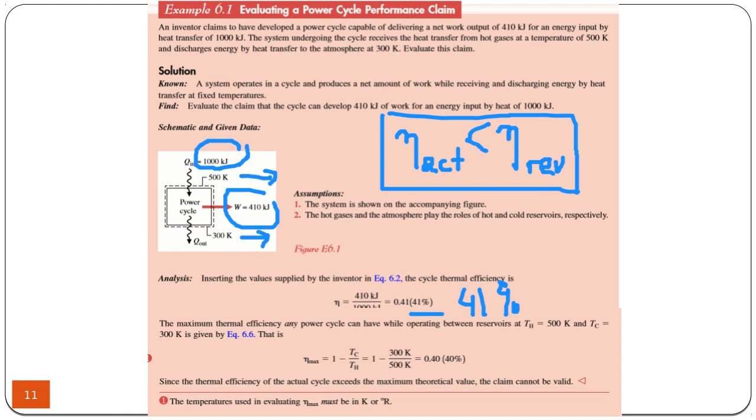And according to the Carnot statements, this is not possible because the inventor's engine has a higher efficiency than a Carnot engine, a reversible engine that's operated between the temperatures of 500 and 300. So the inventor is wrong. It's not possible to have an efficiency from an actual engine which is higher than the efficiency of a reversible engine.